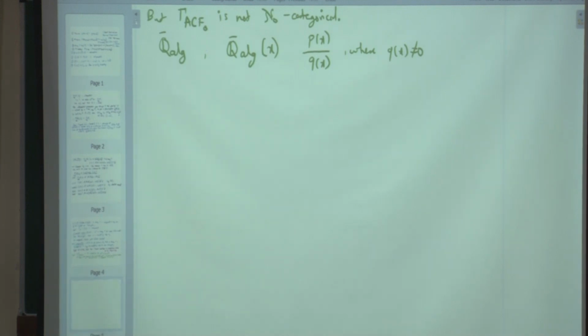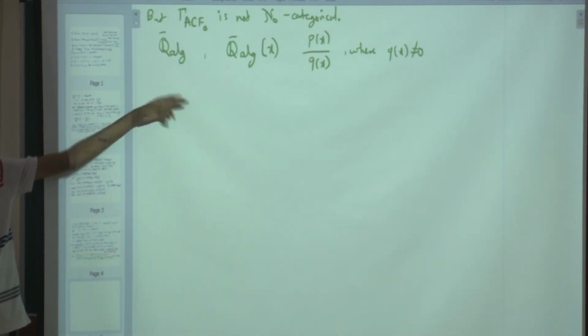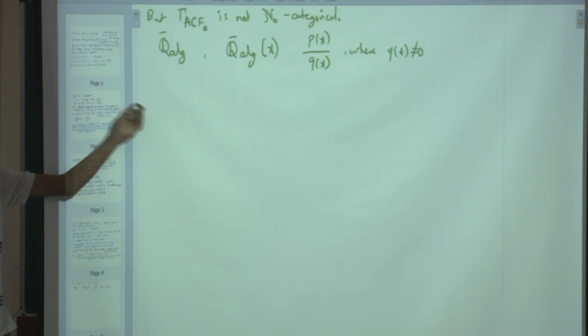This is called the field of rational functions. So this is another example of an algebraically closed field.